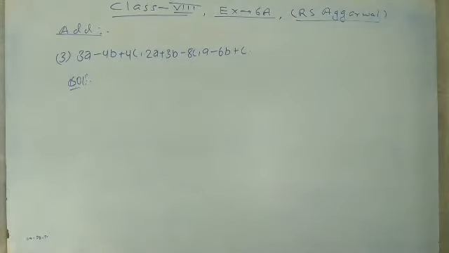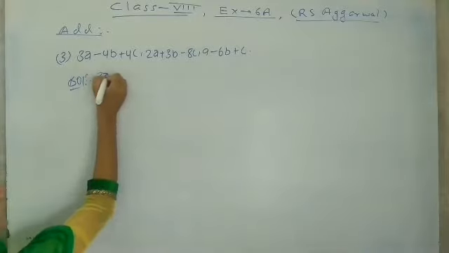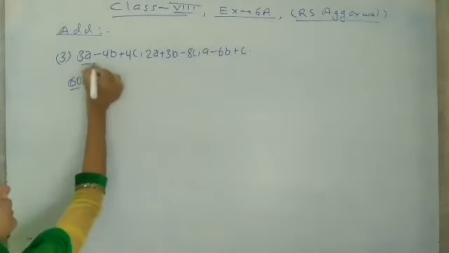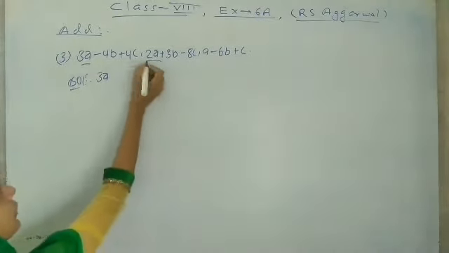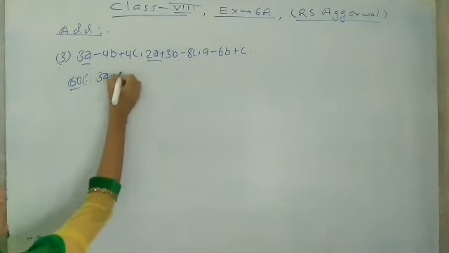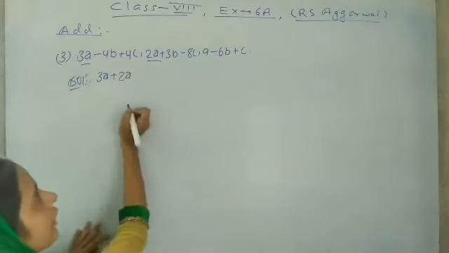Now question number 3, that is 3a minus 4b plus 4c, 2a plus 3b minus 8c, a minus 6b plus c. So firstly, we will write the like terms first. So 3a, where is 3a? There is 3a, and where is 2a, comma means plus 2a, and again where is a?